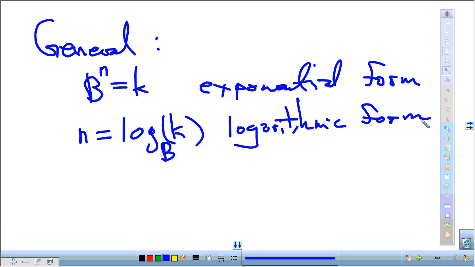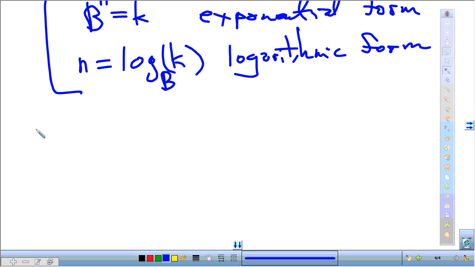One tells us what the exponent is. The other one tells us what the power is. So we have an exponential form and a logarithmic form of the same thing, with a general base b. So that defines the logarithm. And so some observations.